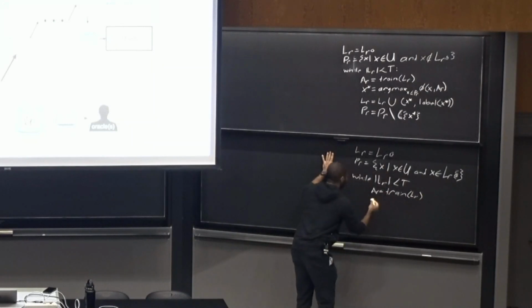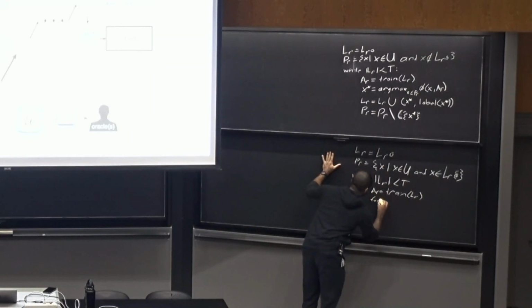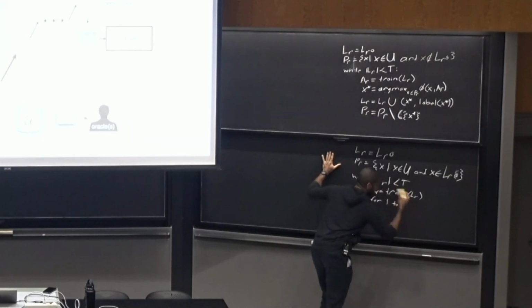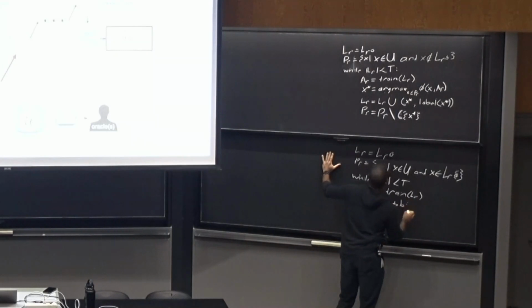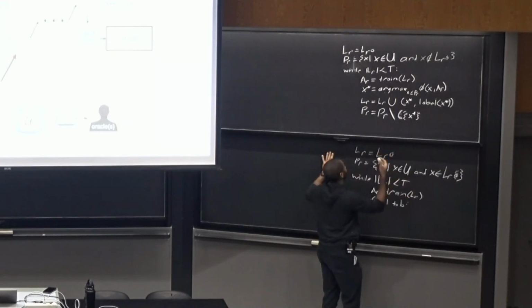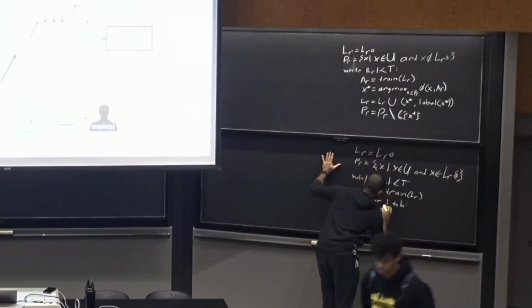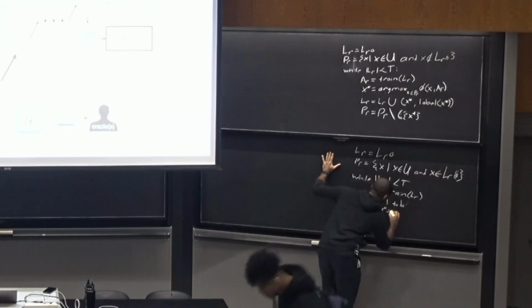And then the only difference is that now, for one to some budget, as far as the batch that we want to label, we'll just repeat this process of doing the argmax to get our X star and updating our data set.